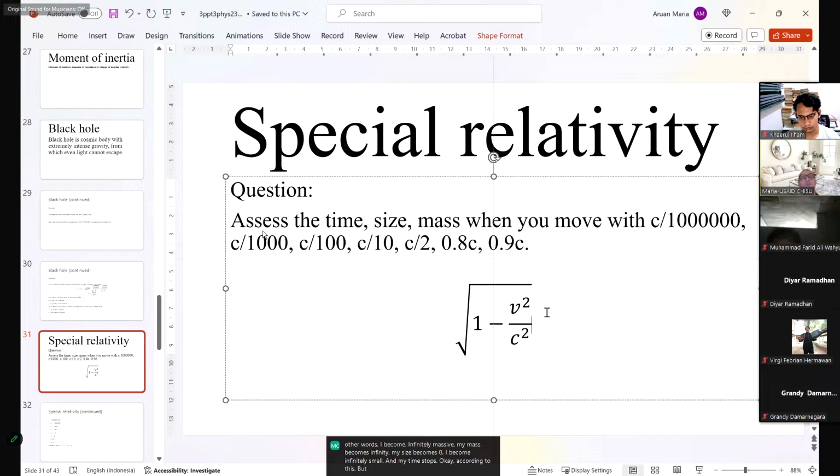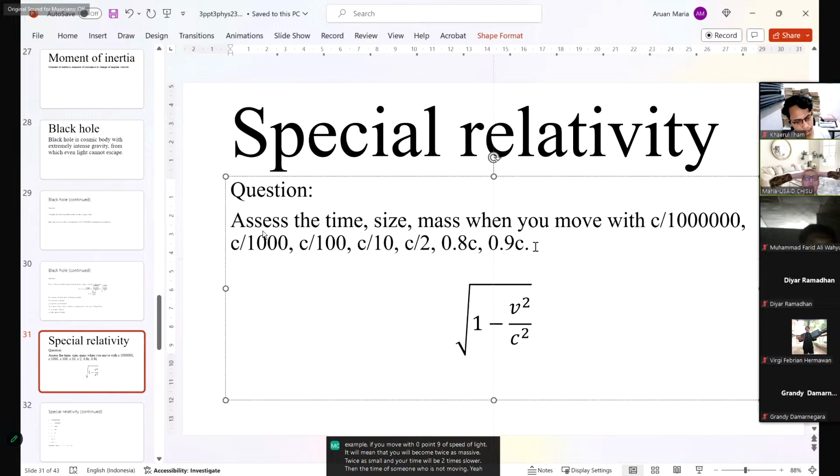But according to classical physics laws, we cannot move with the speed of light. We move slower than the speed of light. For example, if you move with 0.9 of the speed of light, it will mean that you will become twice as massive, twice as small, and your time will be 2 times slower than the time of someone who is not moving.